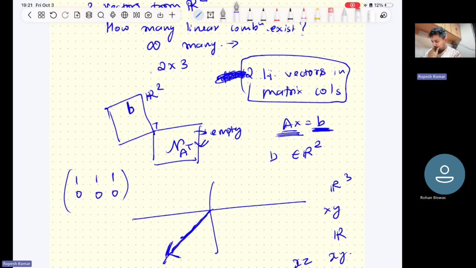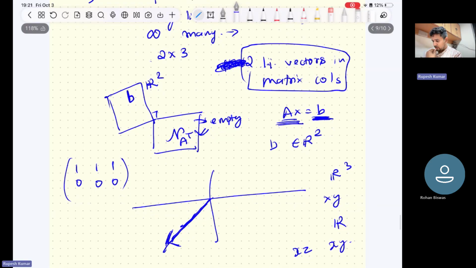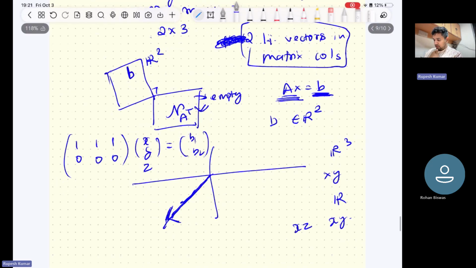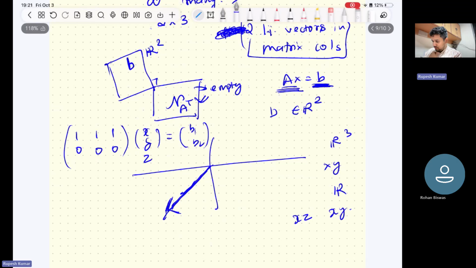Let's say we have this matrix, and you have X, Y, and you are trying to span X, Y, Z, and B1, B2. Now, what is the space we are spanning? X plus Y plus Z equals B1, and X times 0 plus 0 plus 0 equals B2.